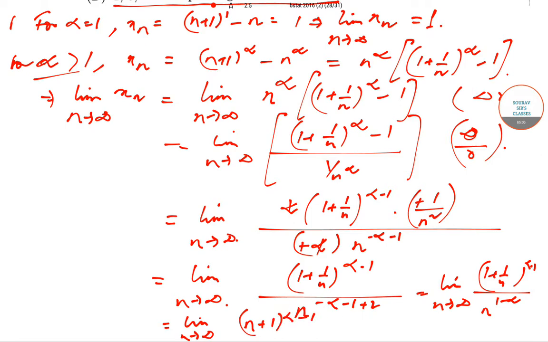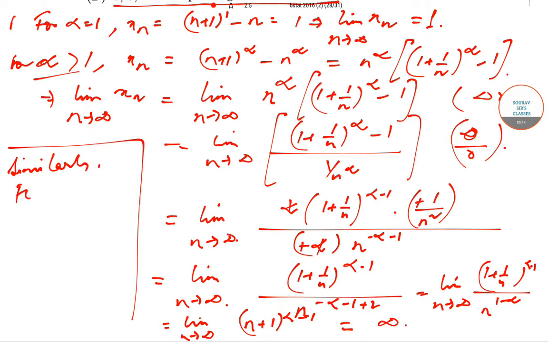So now if we put n tends to infinity, this will be equal to infinity. And similarly for alpha less than 1, the limit of xn as n tends to infinity is also equal to infinity.